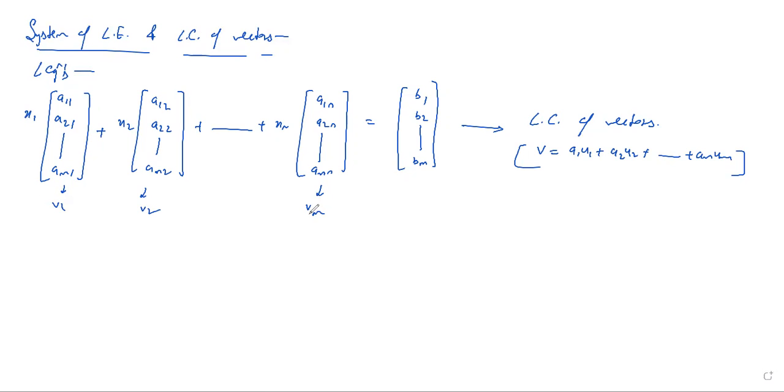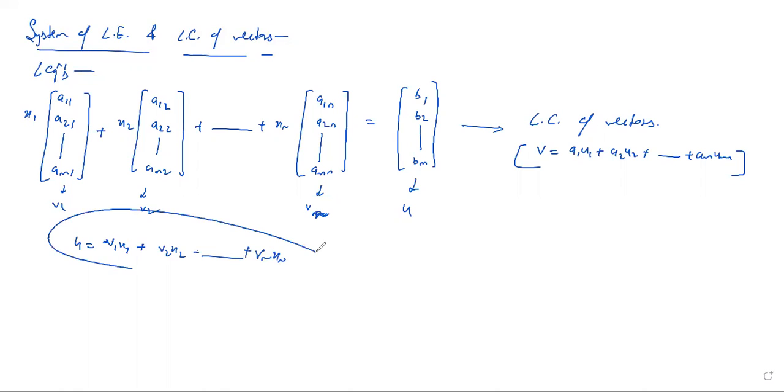This is vn, and just consider this is u. Okay, so I can write it as u equals v1 x1 plus v2 x2 to vn xn. Okay, so this is actually the linear combination of vectors.